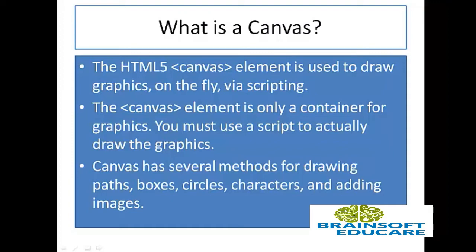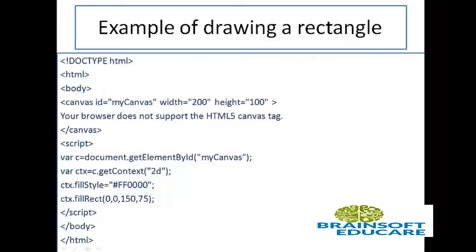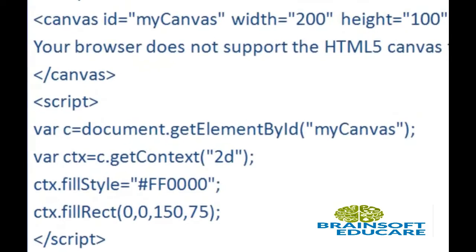But for the sake of this tutorial, we'll only draw a 2D rectangle with the use of canvas element and some JavaScript. So this is the HTML coding for drawing a rectangle. First, we define a canvas with an ID myCanvas.